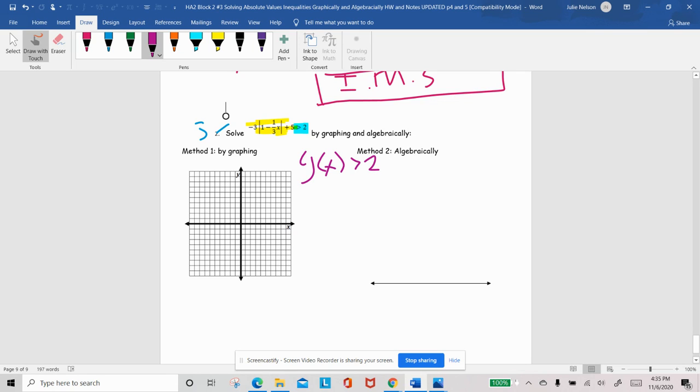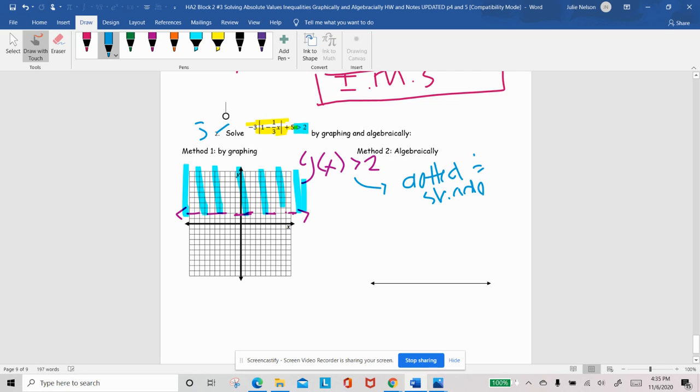That means you go to 2 on the y-axis. But instead of a solid line, I'm going to draw a dotted line because there's no equal, right? It's just greater than. And I'm going to shade above the line.